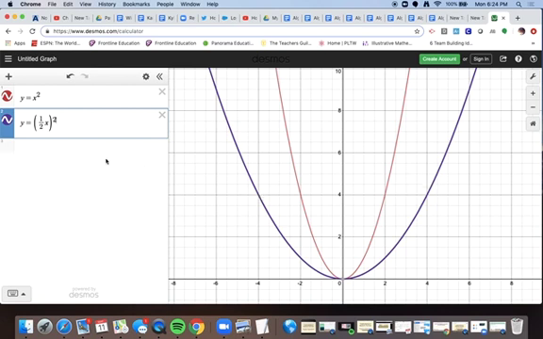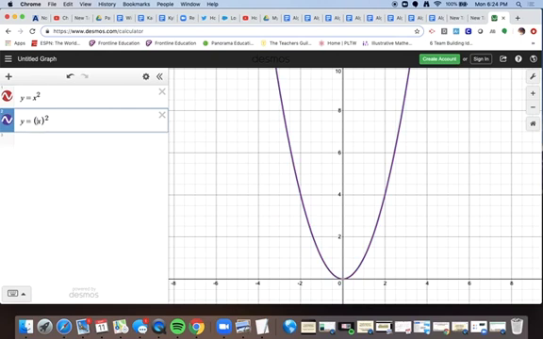So this would be a stretch. And if we want an example of a compression, that would be making this number inside here bigger than 1. If I make it 2, the opposite thing happens. This is still 2 units from here to here, and now it's been cut in half.